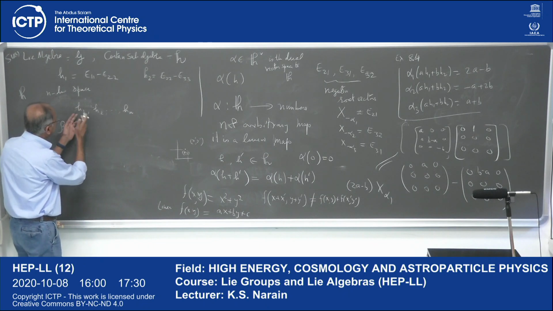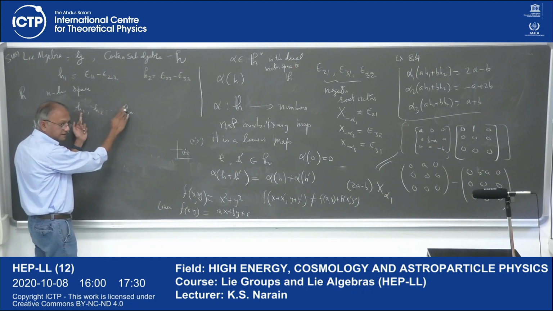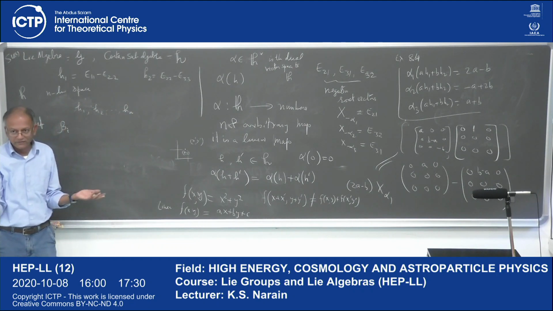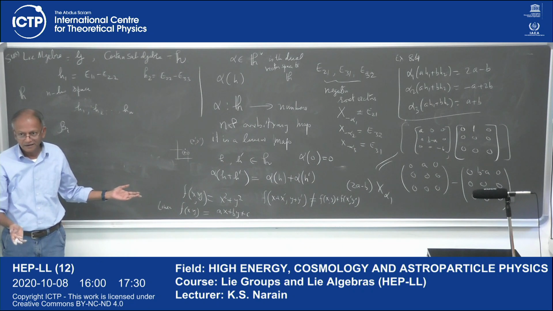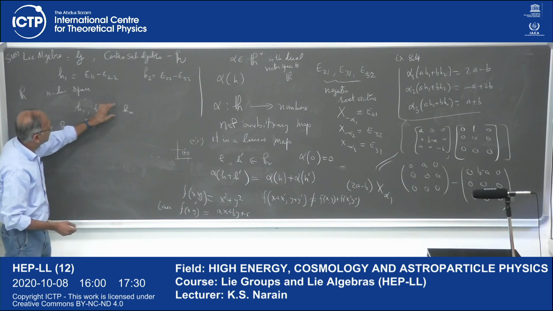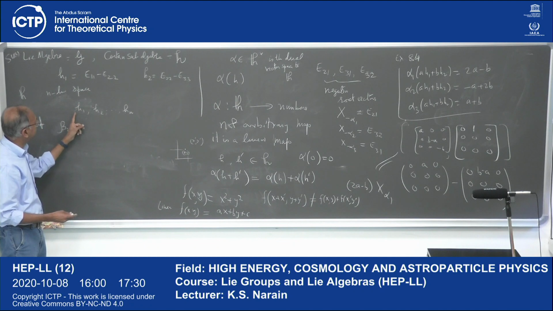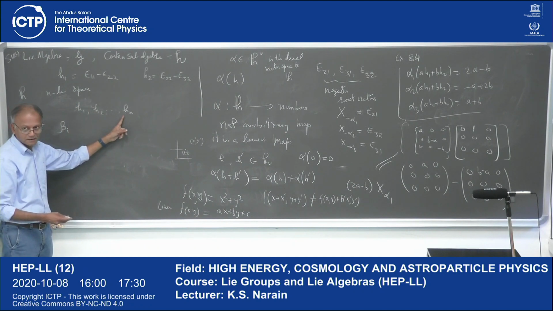So it's clear that if I can define how any function acts on H1, H2 up to Hn, then I know how it acts on everything because it's linear, right? So if I know what is beta of H1, what is beta of H2, what is beta of Hn, then since any vector can be expressed as a linear combination of them, right?